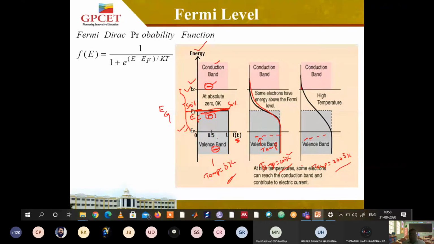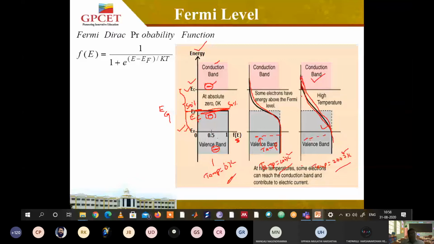There is a difference between the second curve and the third curve, because more electrons are occupied in the conduction band, whereas fewer electrons are present in the valence band, because they are taking energy from the atmosphere of 2000 degree Kelvin and jumping from valence band to conduction band. So electrons are increased in the conduction band, whereas electrons are decreased in the valence band. Therefore the curve exists like this.